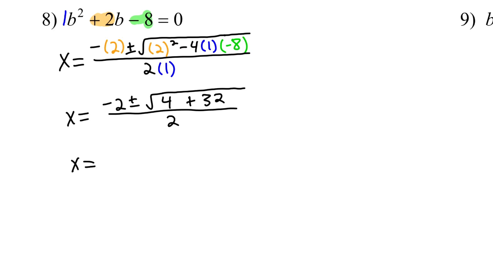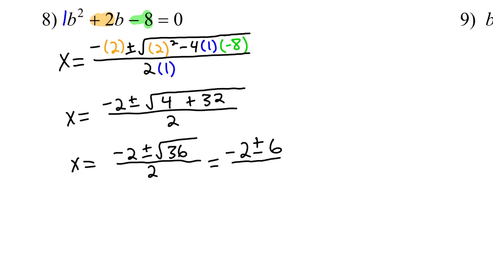Now I have x is equal to negative 2 plus or minus the square root of 36. Oh, what a lucky coincidence that is. 36 is a perfect square. And so that is going to be negative 2 plus or minus 6, because the square root of 36 is 6, over 2.